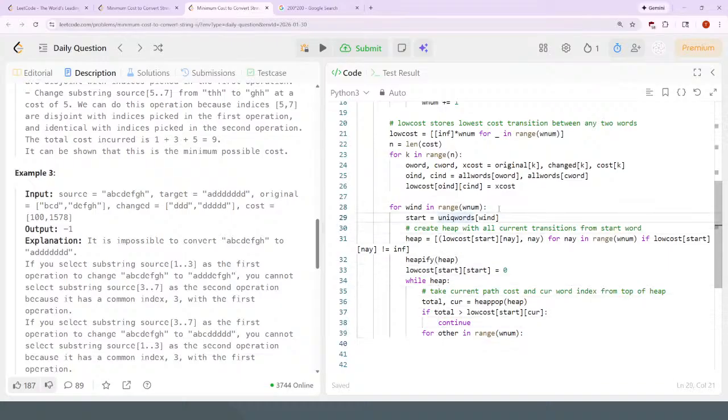Actually, is this right? Do I need the starting word? Start equals unique words. Low cost of start. Low cost should use the index.